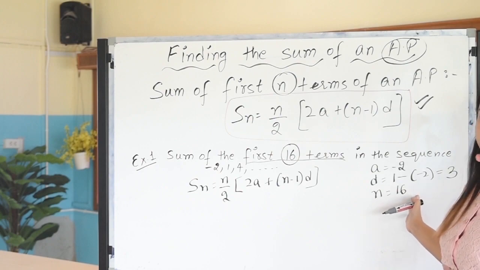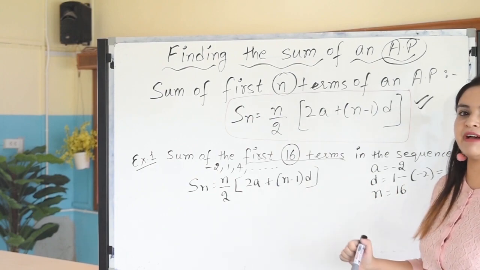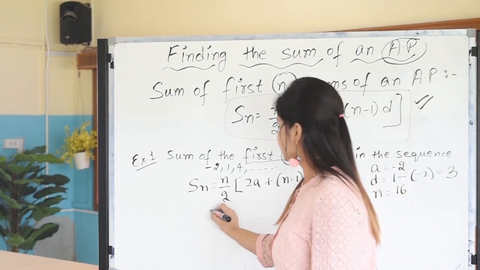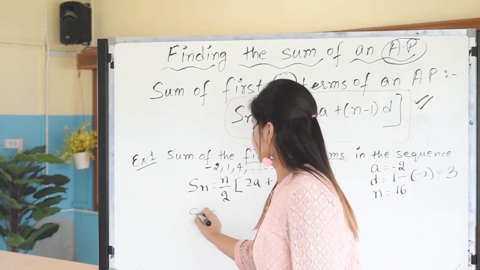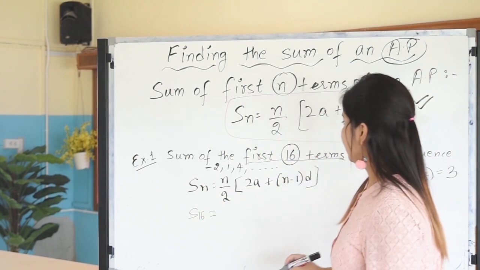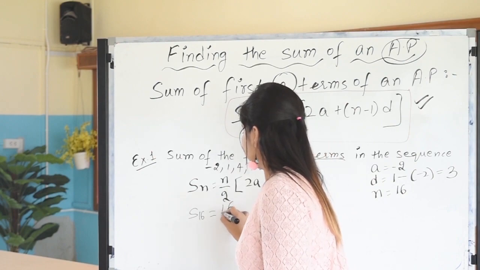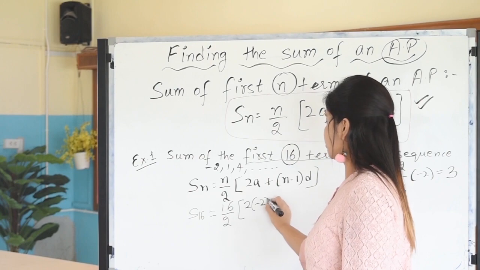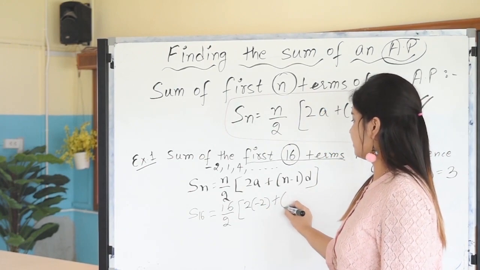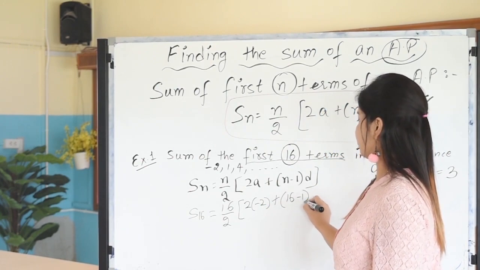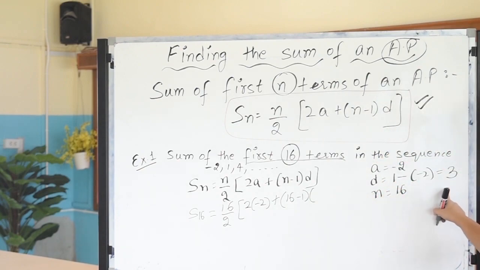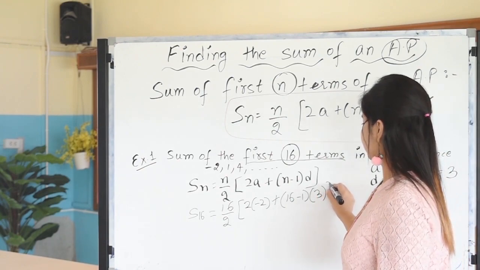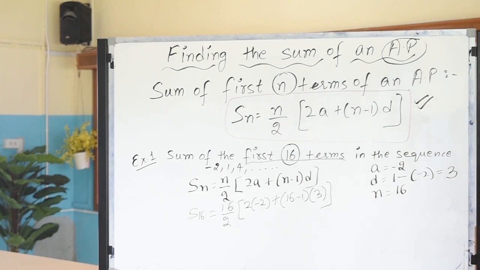Now it's a very simple question. Just put the values in the formula and solve for S16. Now n is my 16, 2 times -2 plus (16 minus 1) times d, which is 3. Simplify this.